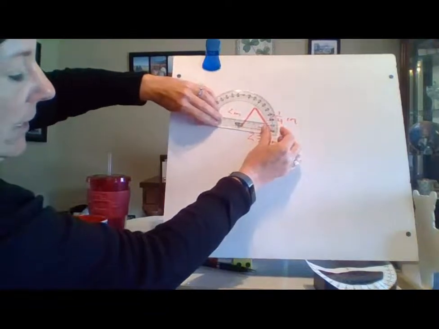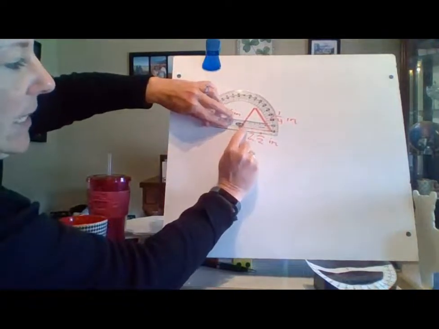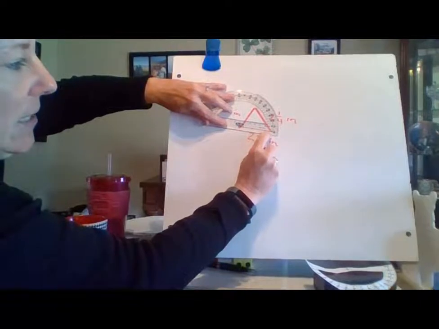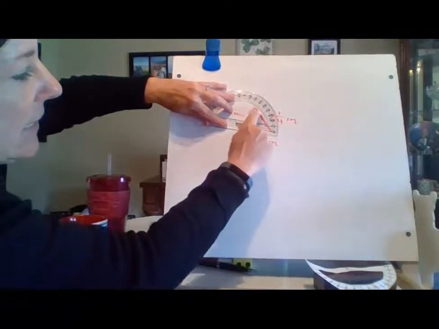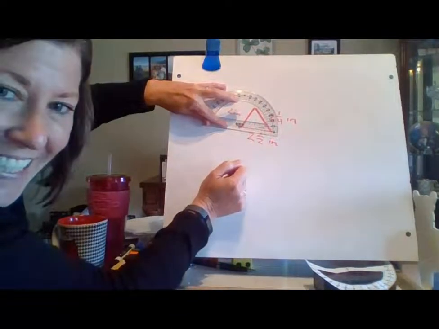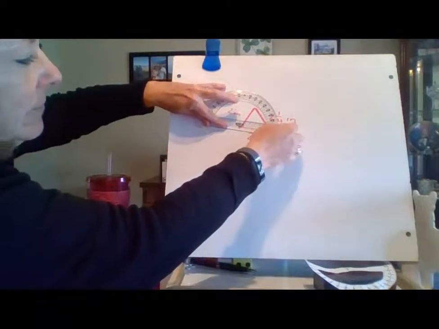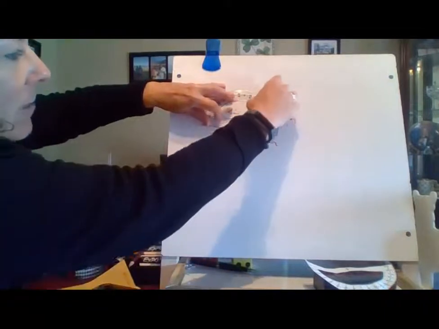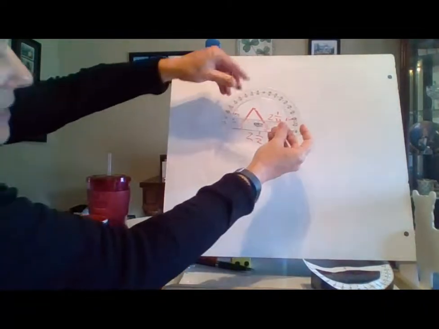So here, there's my vertex lined up at the 0. Okay. This angle here is about 62. Now move this.